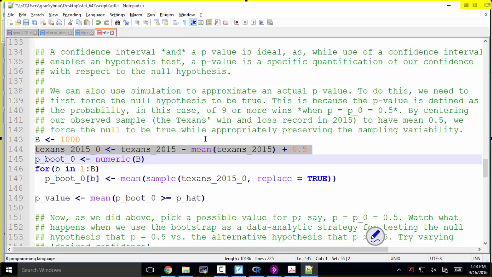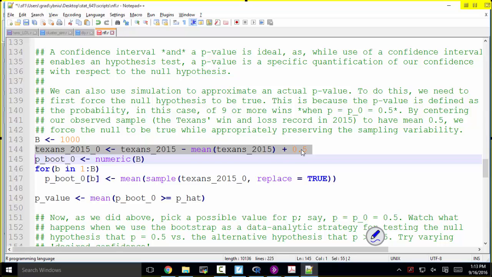If I transform my data so that the null hypothesized value holds, it turns out then we can sample with replacement from that. If I do this highlighted piece, Texans 2015_0, by that I mean the Texans 2015 data under the null, is the original zeros and ones minus the mean of those zeros and ones plus 0.5.